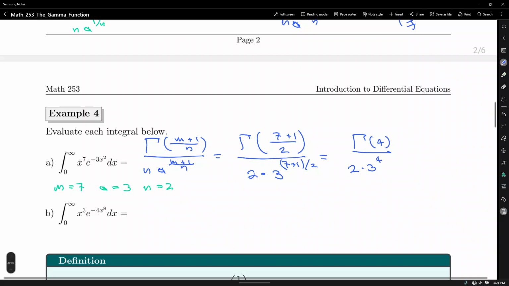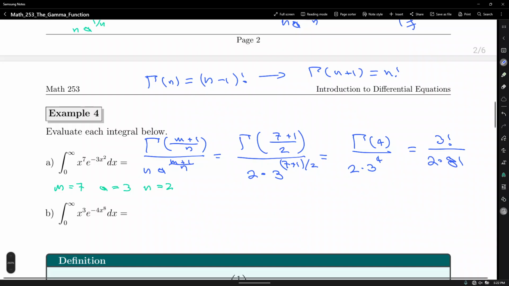But what's gamma of 4? Remember, by the definition of the gamma function, gamma of n equals (n minus 1) factorial, or gamma of n plus 1 equals n factorial. Either way, I'm going to use the second version. So in this case, this is 3 factorial over, what is that, 81? 3 to the 4th power is 81, times 2.